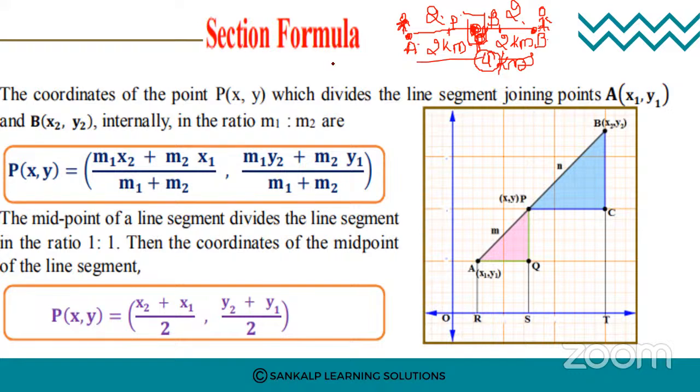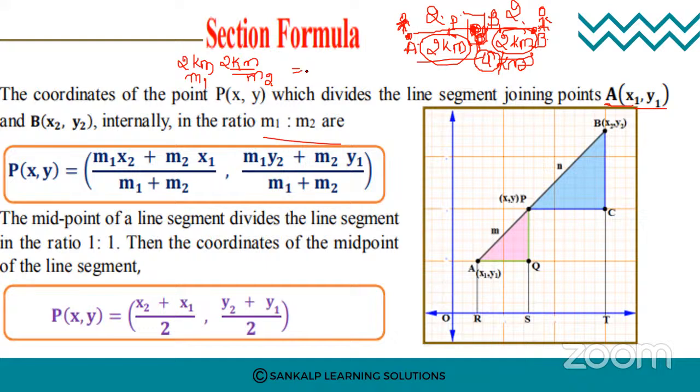That means the coordinates of the point P(x, y) which divides the line segment joining points A(x1, y1) and B(x2, y2) internally in the ratio m1:m2. Internally means what? So total distance is 4 kilometers. What does it do? It divides internally. Okay, so this is m1 is to m2. So what do we call this ratio? Total distance is 4 kilometers. There is 2 kilometers and 2 kilometers, right? So 2 kilometers I will call this as m1 and another 2 kilometers I will call this as m2, right?